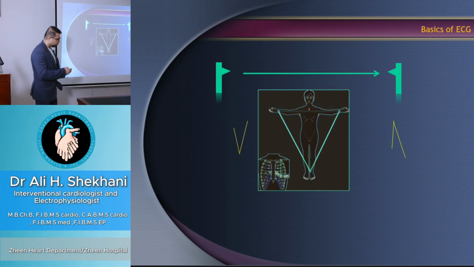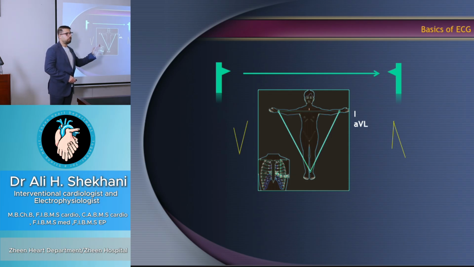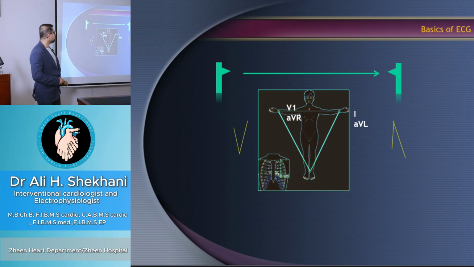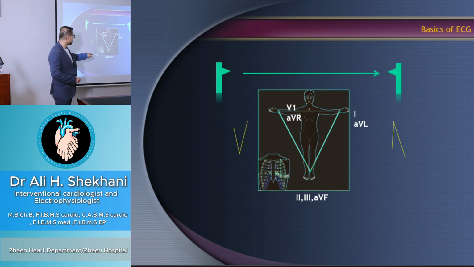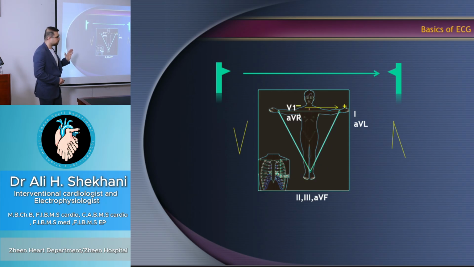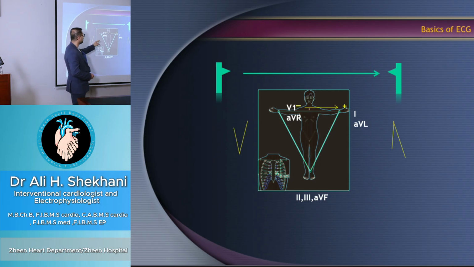The second rule of the ECG: usually lead 1 and AVL represent the left side of the heart, while V1 and AVR represent the right side of the heart. The inferior wall is represented by 2, 3, and AVF. So if you have a signal arising from the right side toward the left side, we expect that lead 1 and AVL will become positive and V1 and AVR become negative.